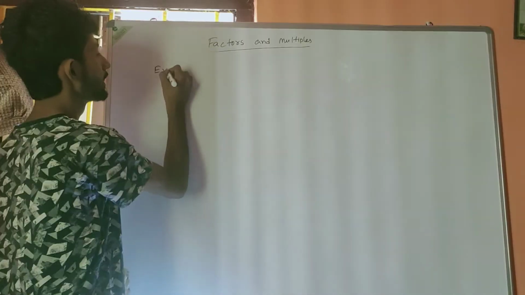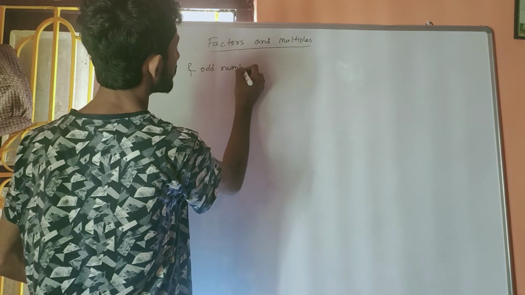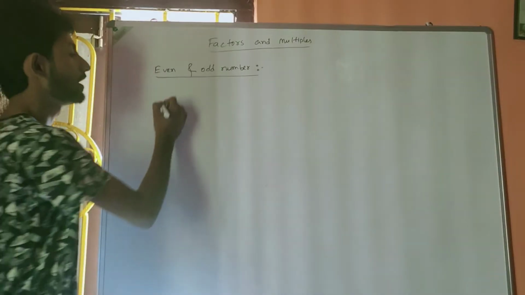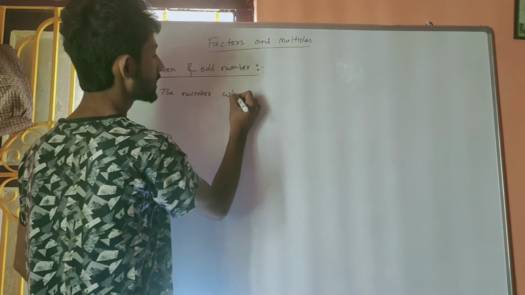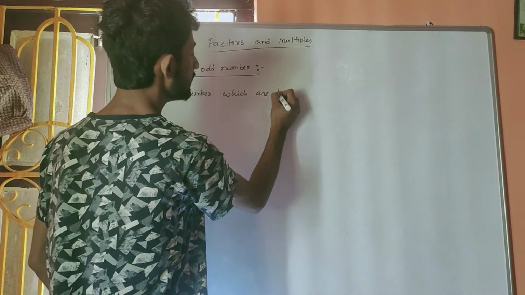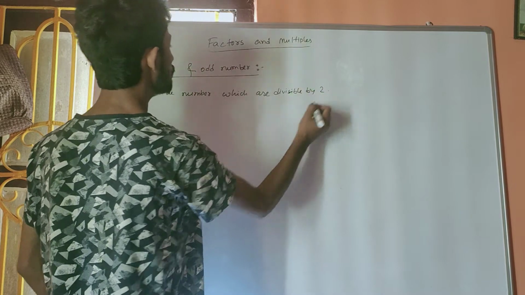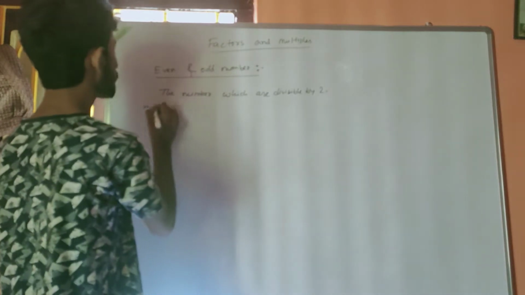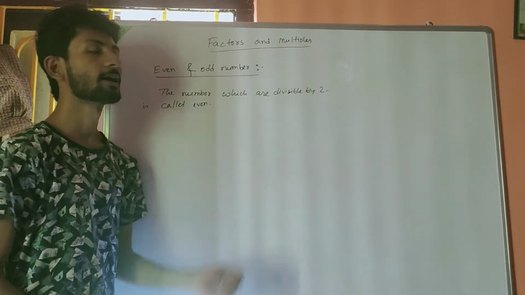We'll learn about even numbers and odd numbers. The numbers which are divisible by 2 are called even.